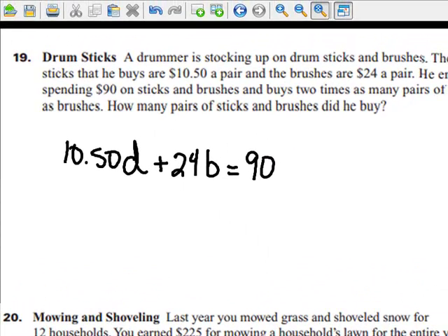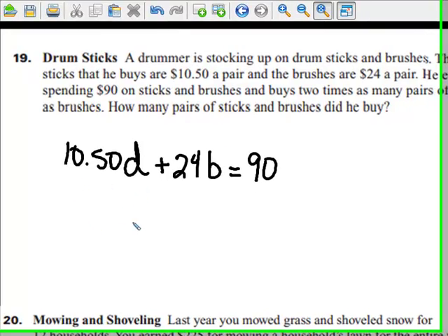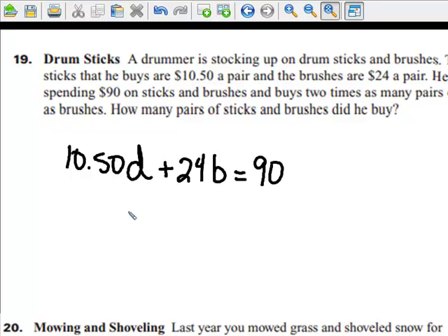Now we have it so that he buys twice as many pairs of sticks as he does brushes. So that equation is actually D equals 2 times B. Drumsticks equals 2 times as many brushes as he gets.